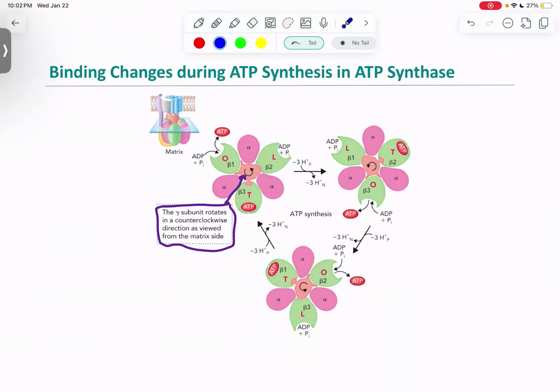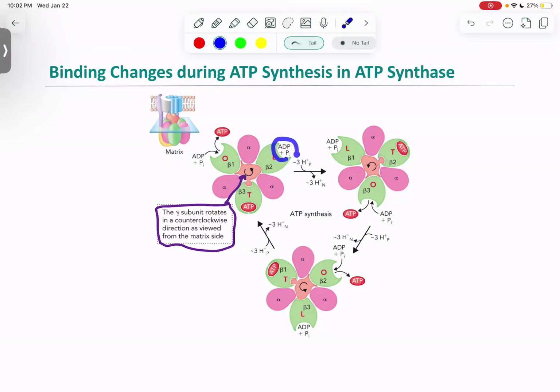That's the way that the gamma subunit is bumping into the beta subunit. So right here, I am going to have that rotor turn 120 degrees, in this direction. So what was this bump here is now going to be interacting with beta 2. The bump that was with beta 3 is now with beta 2.